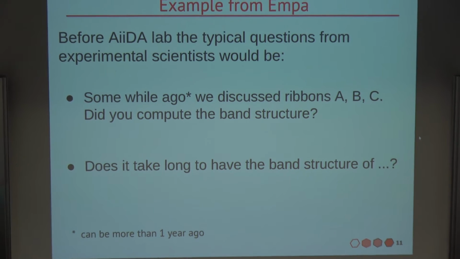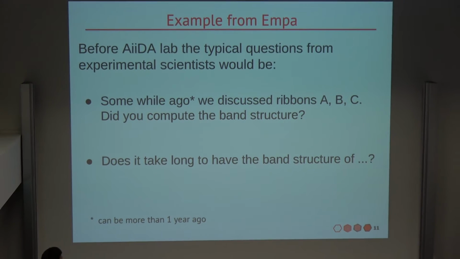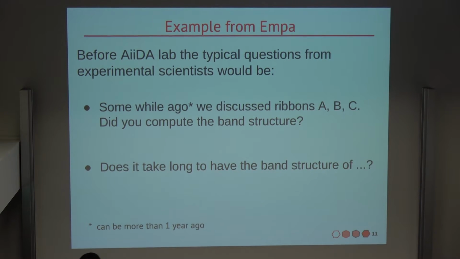Now, let's continue with the examples from EMPA. And here is really the case where AiiDAlab becomes important, because they have two subgroups of the same group. One is experimental and one is the simulation subgroup. Some while ago, before AiiDAlab, the typical question was, some while ago we discussed ribbons ABC, do you have a band structure for that?